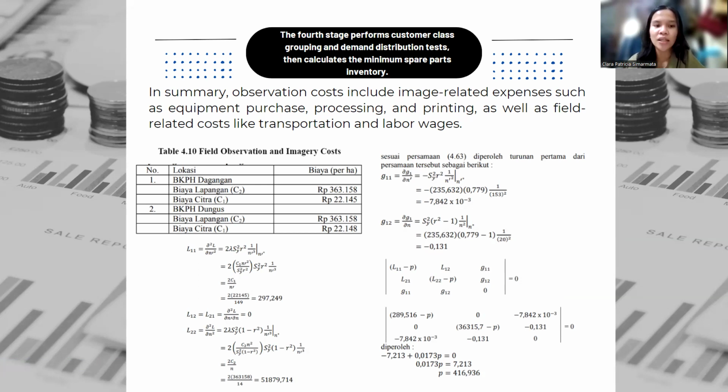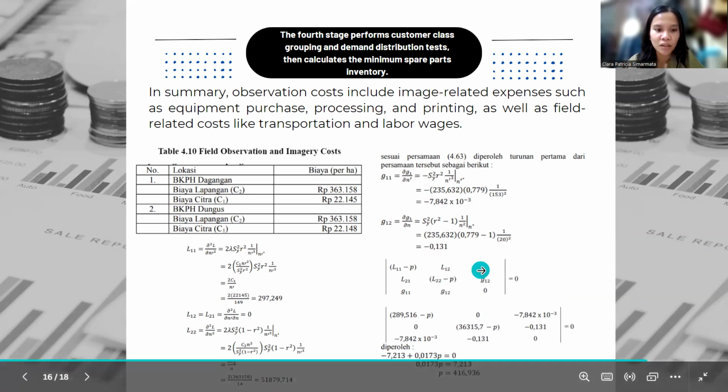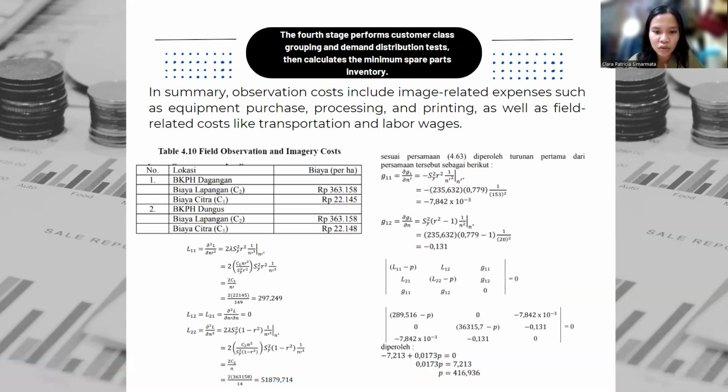And we can write the variable like this, and we can put the function into the equation, and we get the result. P is 416.9026.